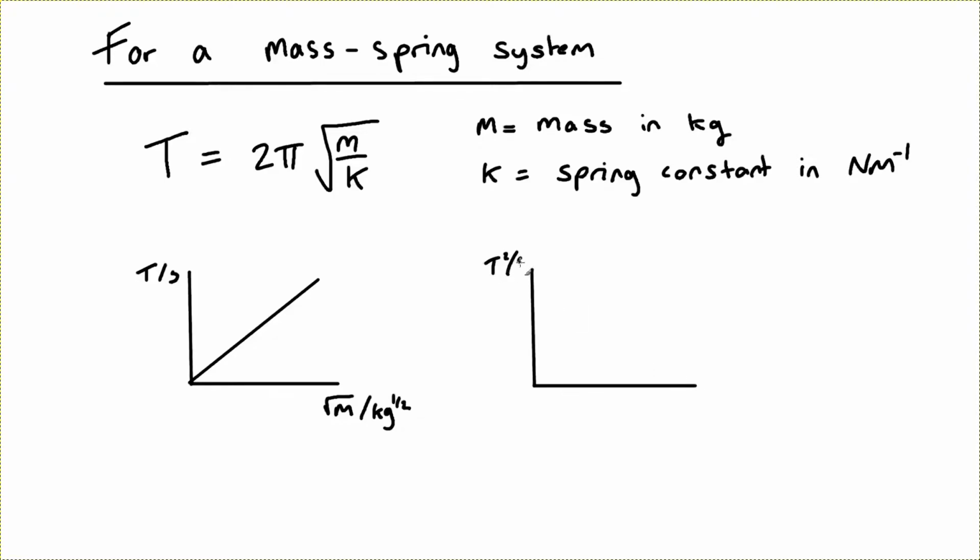Alternatively, if we square both sides of the formula, we could plot T squared against m, and again we'd have a constant gradient. The graph would be a straight line that would pass through the origin.